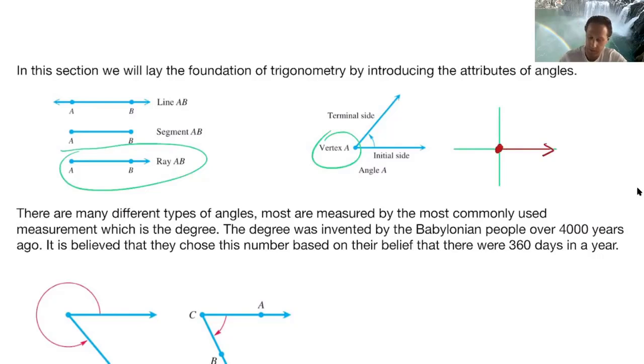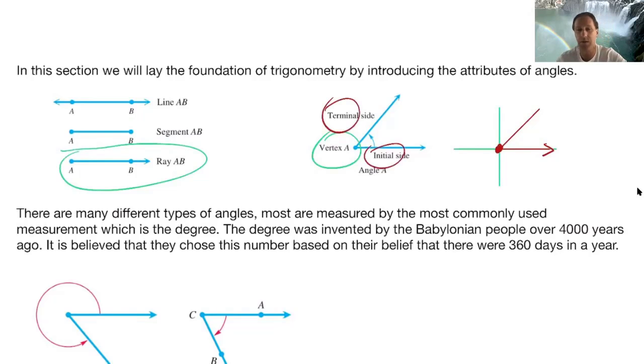We will then take that thing and rotate it however many degrees, we will define that in a minute, to create what is called an angle. Now notice it is called an initial and terminal side.